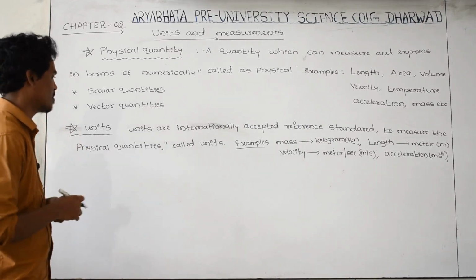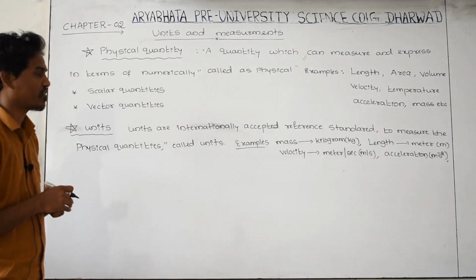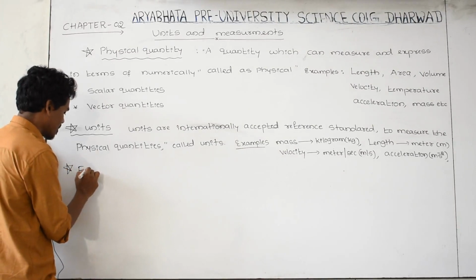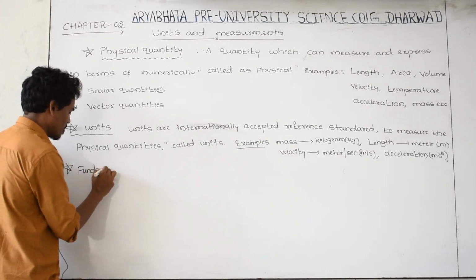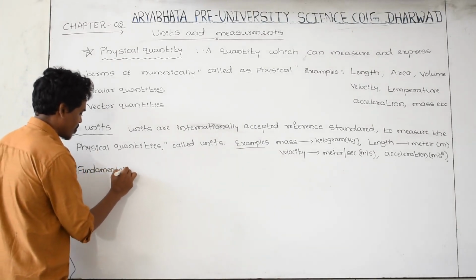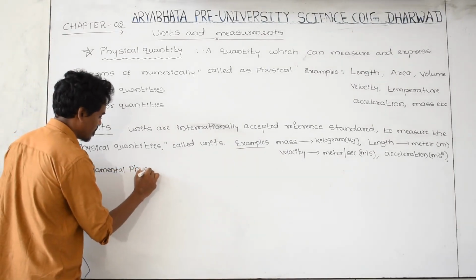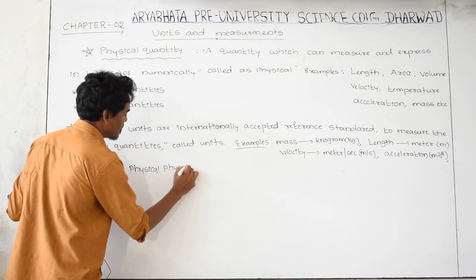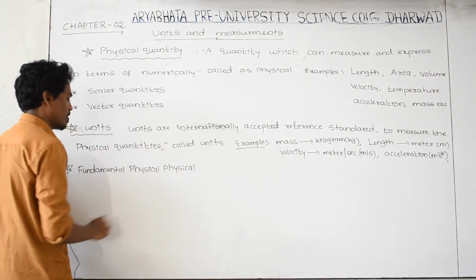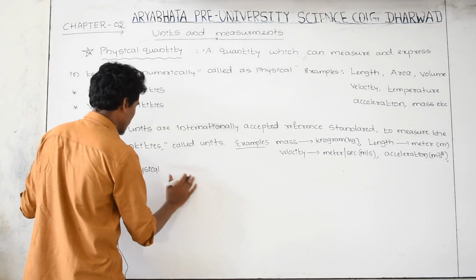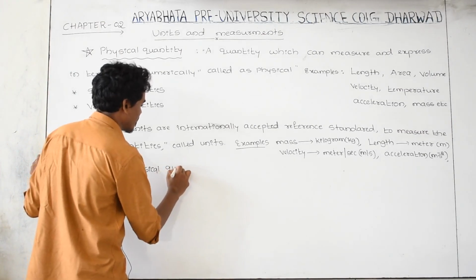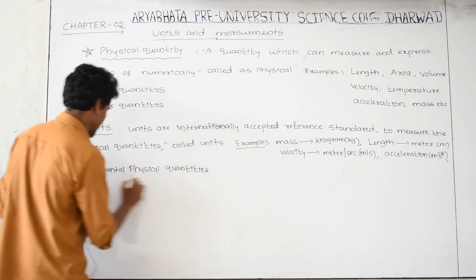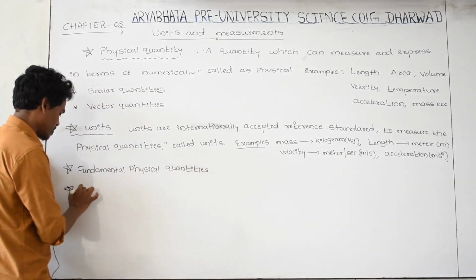And now, with these examples, you can take the next concept, that is fundamental physical quantities. This is the next concept. Basically we are going to classify physical quantities into two types. One is fundamental physical quantities and another one is derived physical quantities.